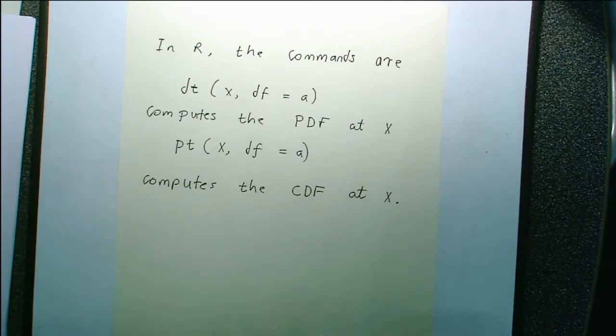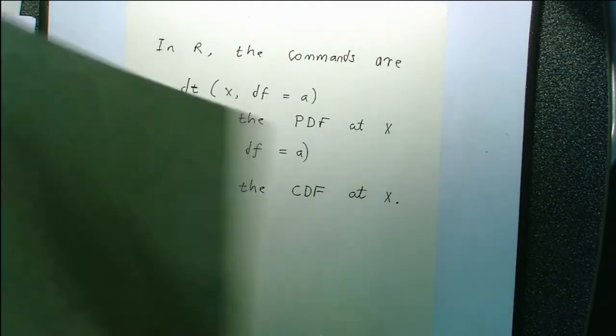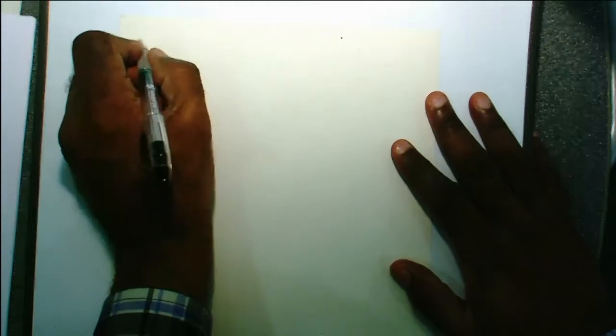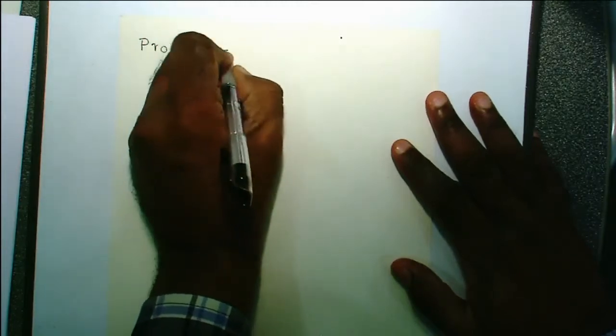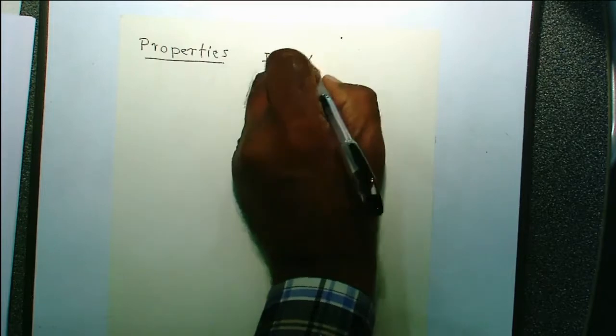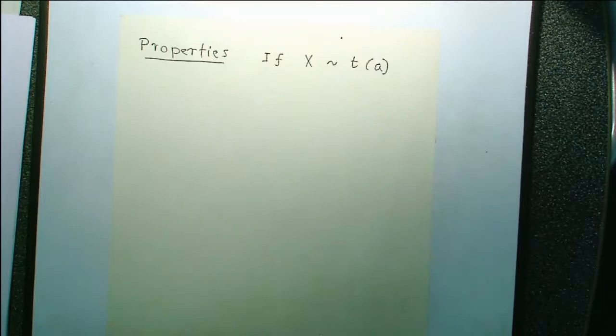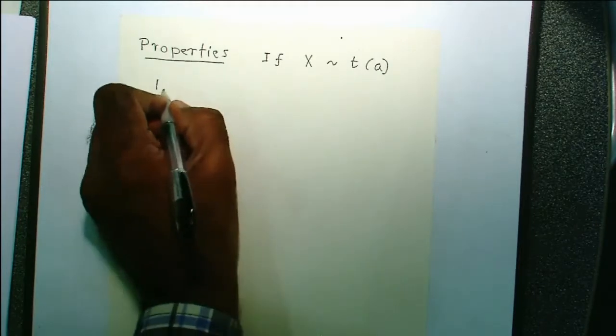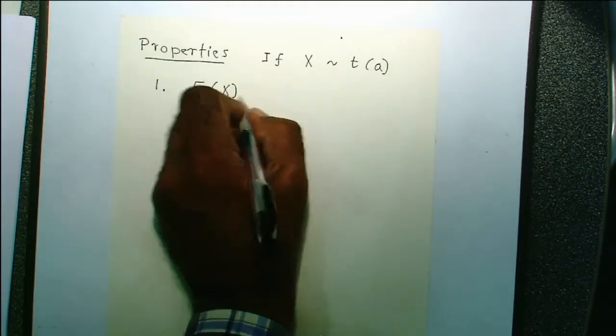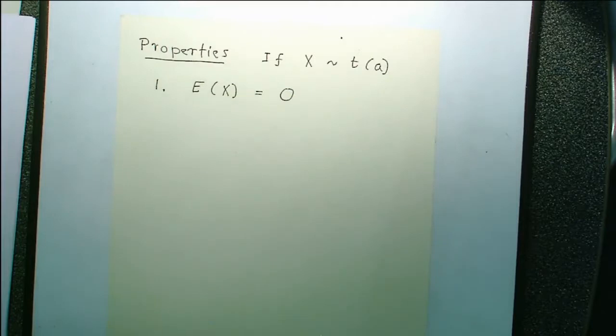All right, guys. The next one, some properties. The first property: if a random variable x has a t distribution with A degrees of freedom, then number one, the expectation of x is equal to 0.